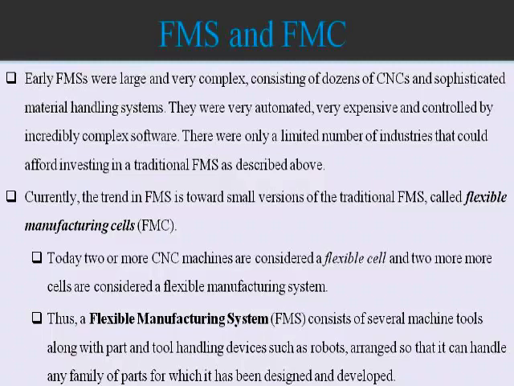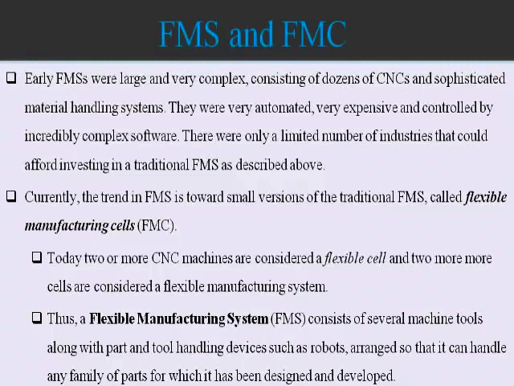Currently, the trend is towards small units, small versions of traditional FMS, or flexible manufacturing cells, wherein the number of CNC machines is small. Two or more CNC machines are considered an FMC, or flexible cell, and two or more cells are considered an FMS. A few flexible manufacturing cells will form a system.